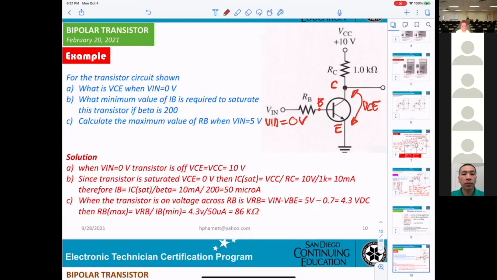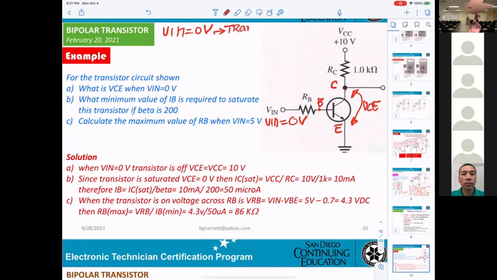VCC to ground. What does VCE equal if the input is 0 volt? It equals VCC to ground, VC minus VE. Now you know Vin is 0 volt. The transistor is what?